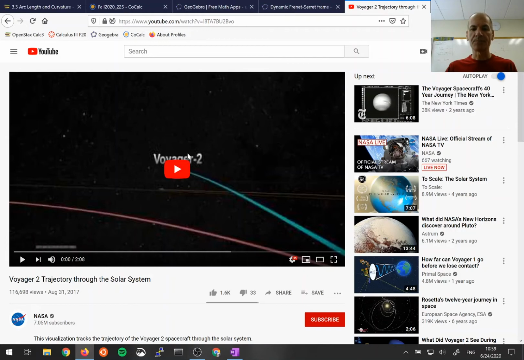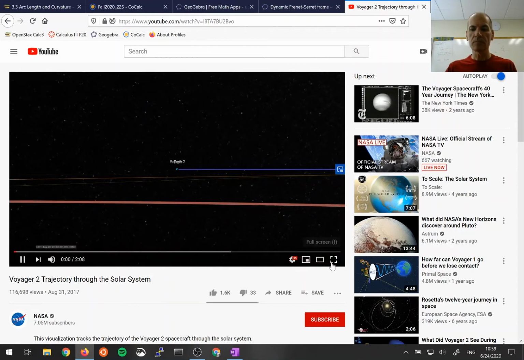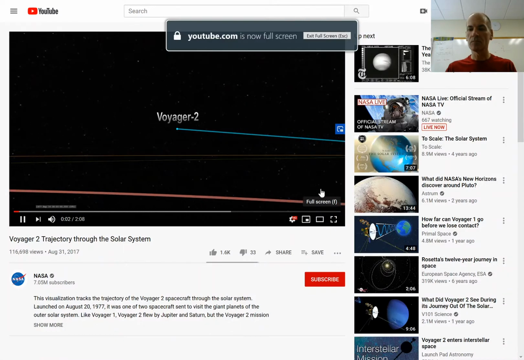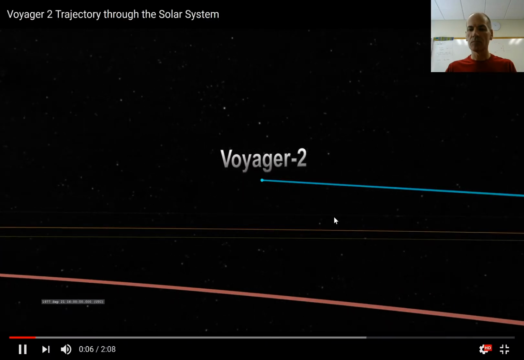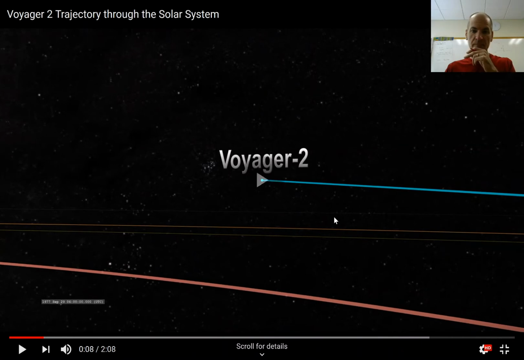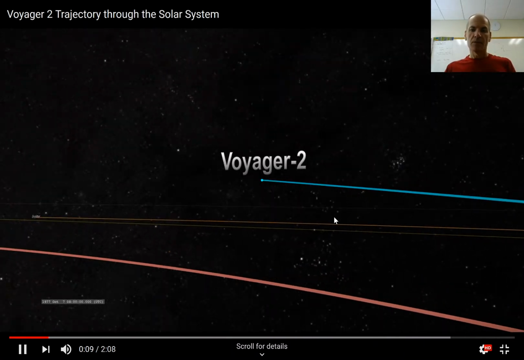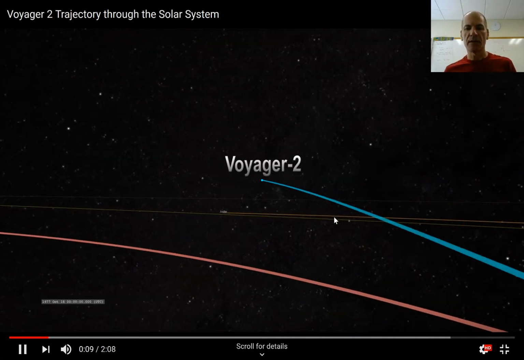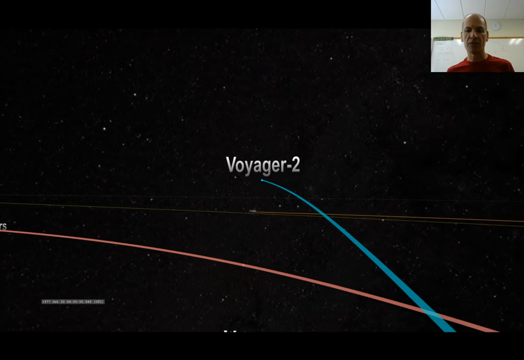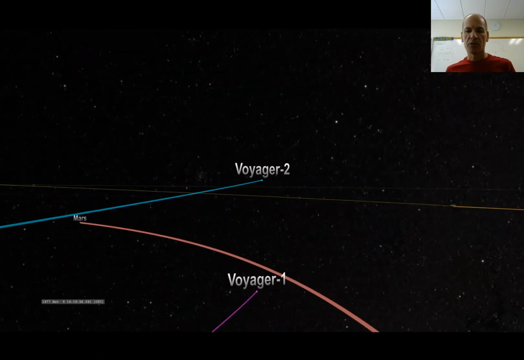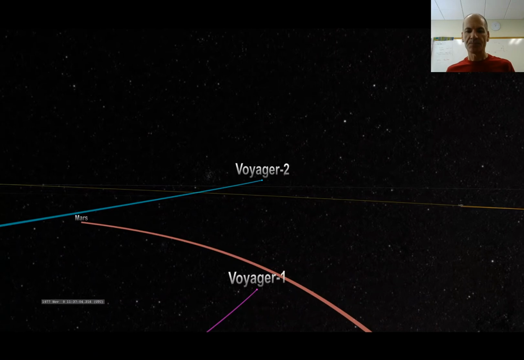So here we go. We're focusing on Voyager 2, and as this progresses, you'll start to see Voyager 1 appear.